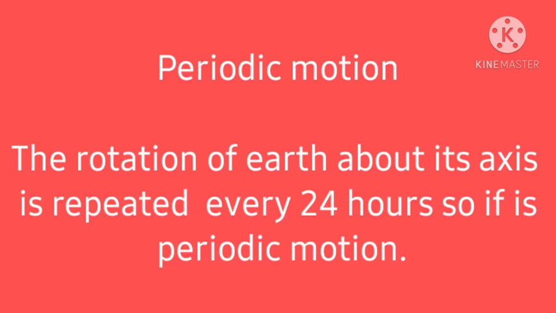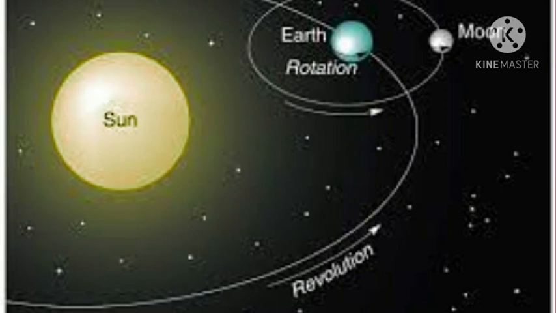Our next motion is periodic motion. The rotation of the earth about its axis is repeated every 24 hours, so it is a periodic motion. The revolution of the earth around the sun is also a periodic motion. Anything that occurs at fixed intervals of time is called periodic motion.